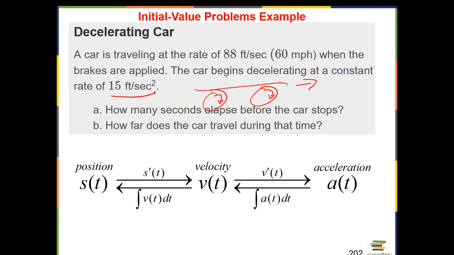If you apply the brake, the brakes apply a force in the other direction, creating a deceleration in this direction. So it has to be negative. If going to the right is positive, going to the left is negative. So we know the acceleration here is negative 15.